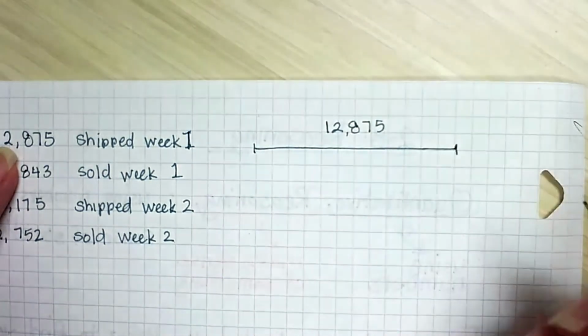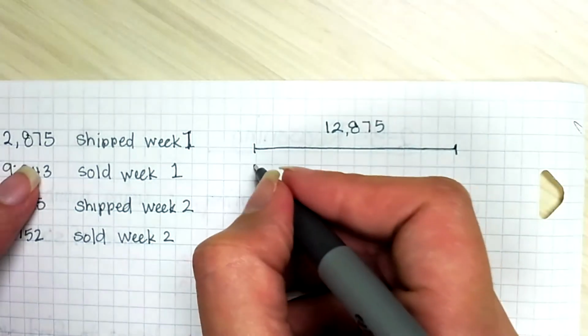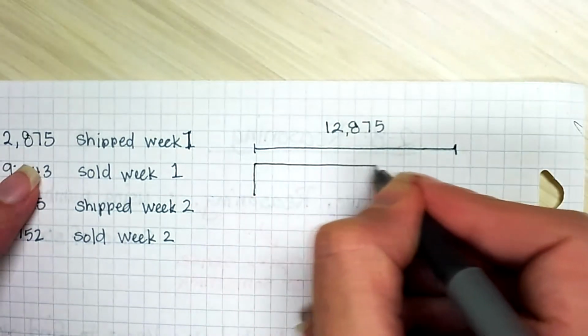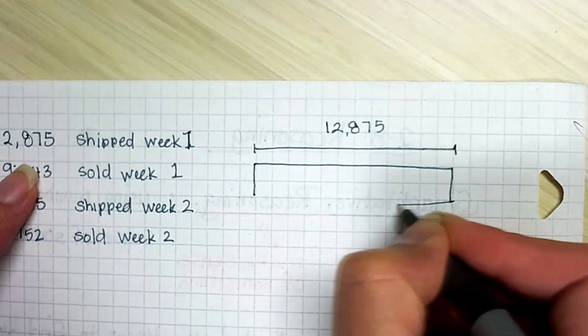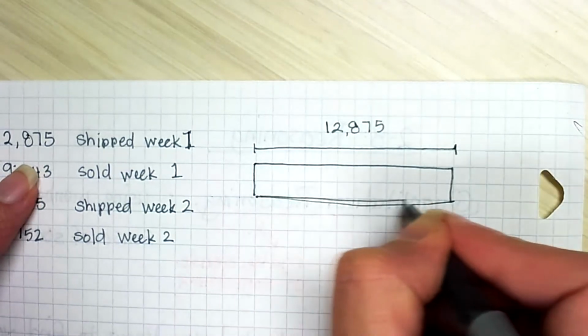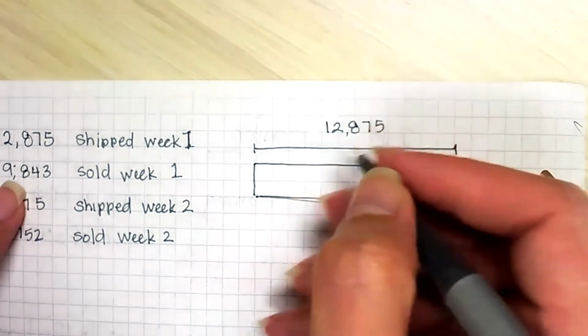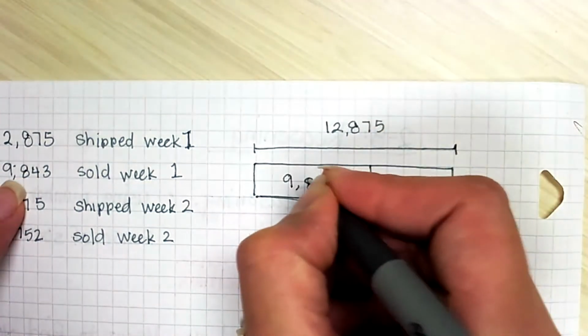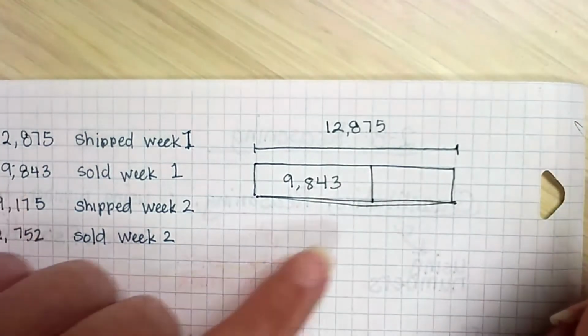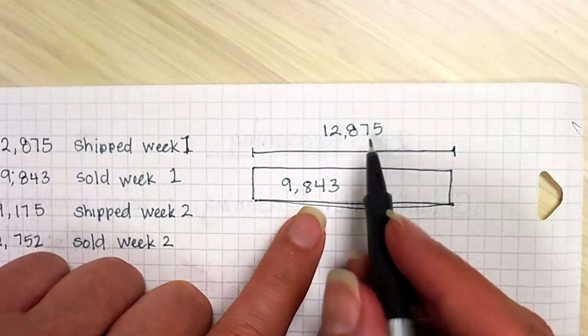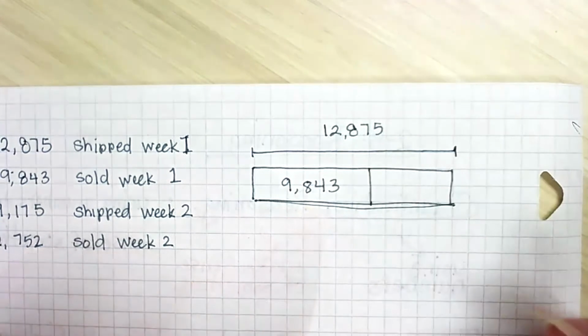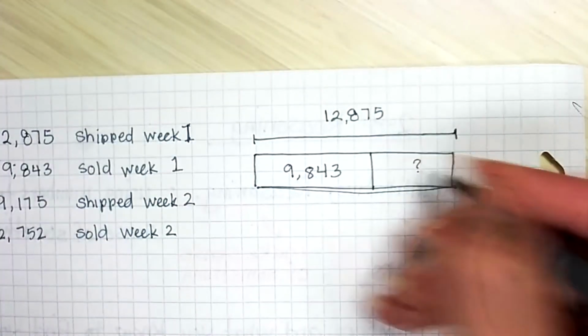That represents the whole. Now the part that I know is how much was sold during week 1. So I know that part of this was 9,843. So 9,843 is a pretty big chunk of it because that's almost to my number.